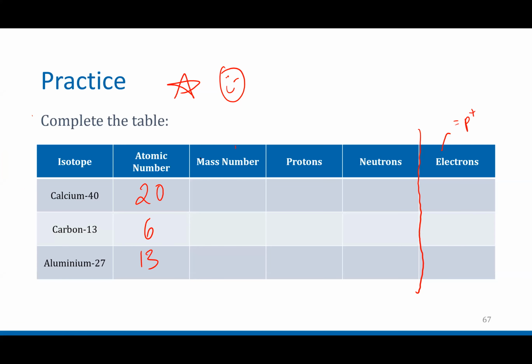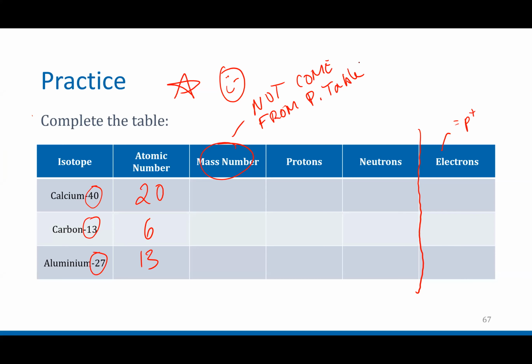The mass number, that's the easiest one because it's written right here. This does not come from the periodic table. The mass number is a whole number, and a whole number, if you can't remember what that means, is like 1, 2, 3, 4, 5, 6, 7, 8, 9.